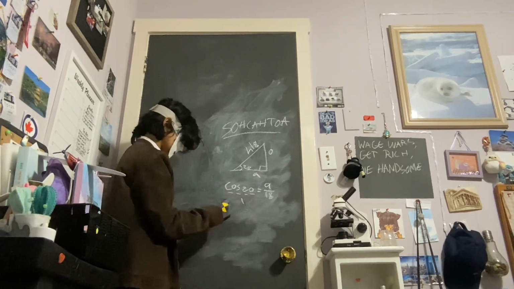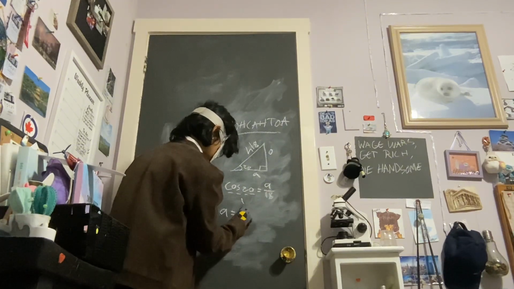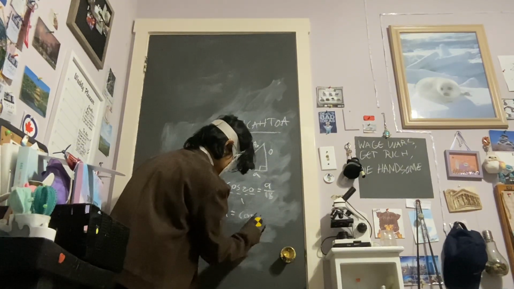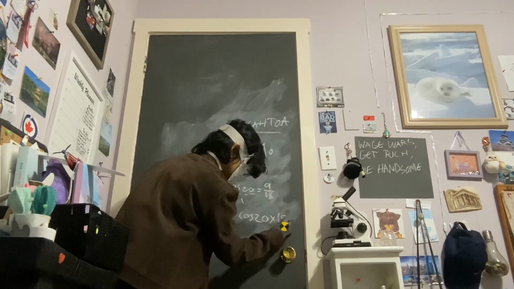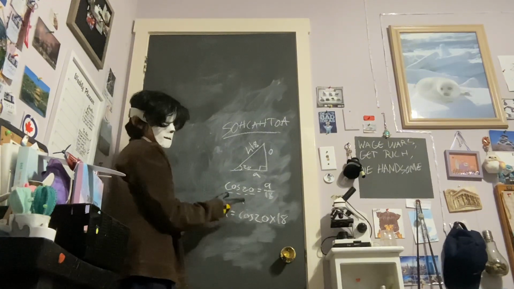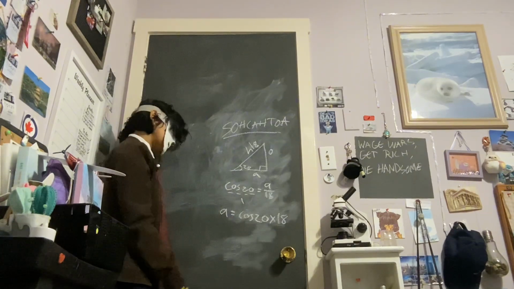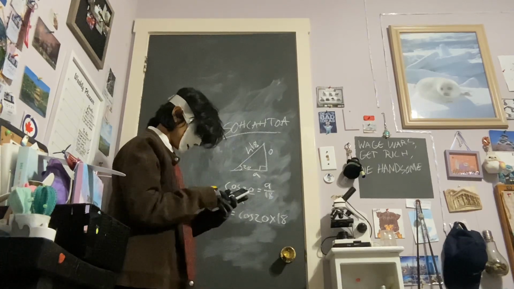That means that A is going to equal cos 20 times 18. Or you can just put the 18 in brackets. This just makes it look more confusing, so I'm sorry for that. But let's reach for our handy dandy calculator.